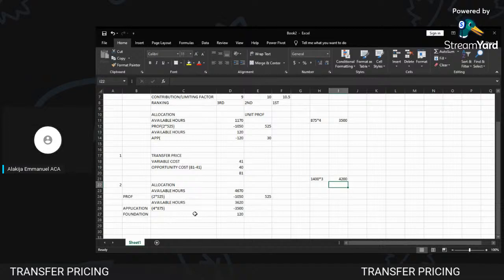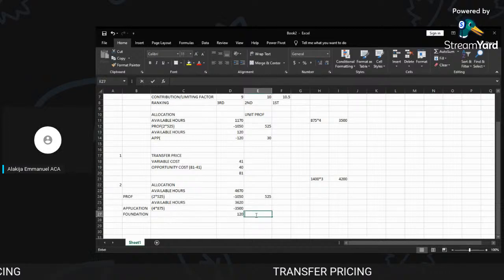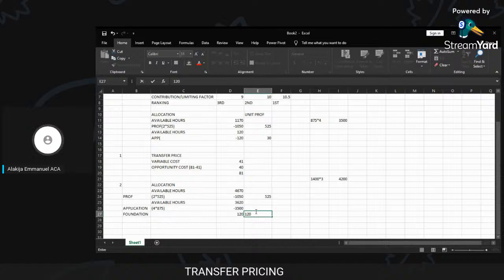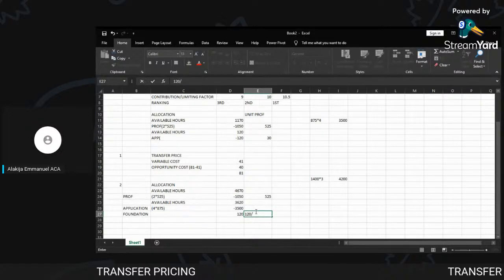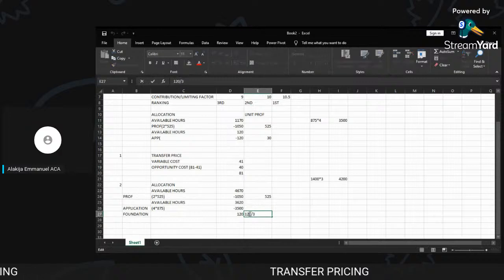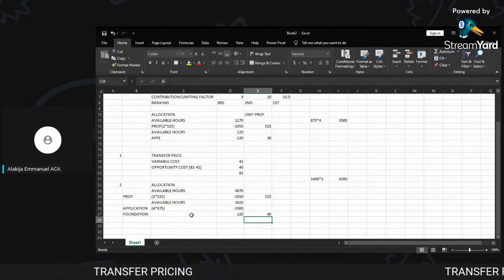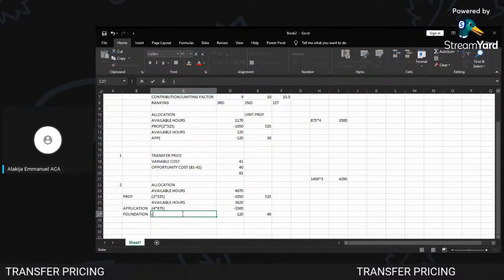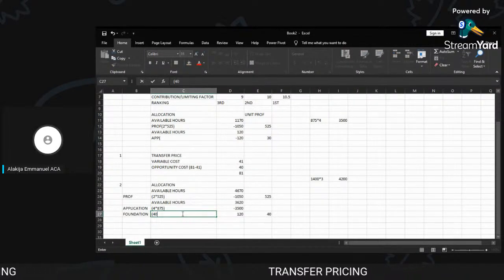So the units it can produce is just the 120 available divided by the 3 hours it requires per unit. So it can produce 40 units at 3 hours.